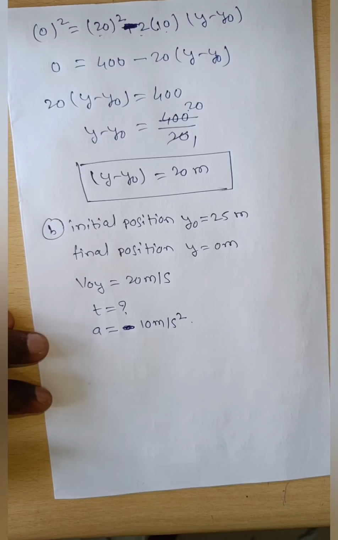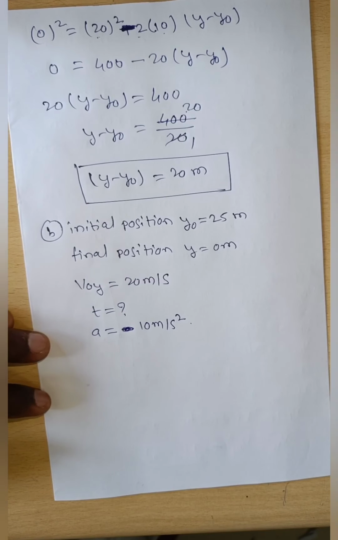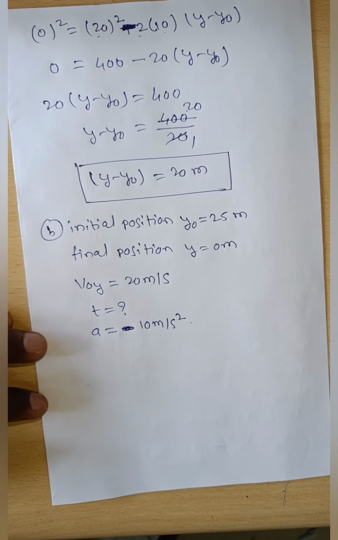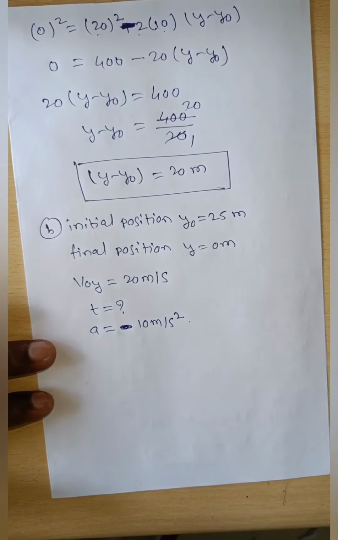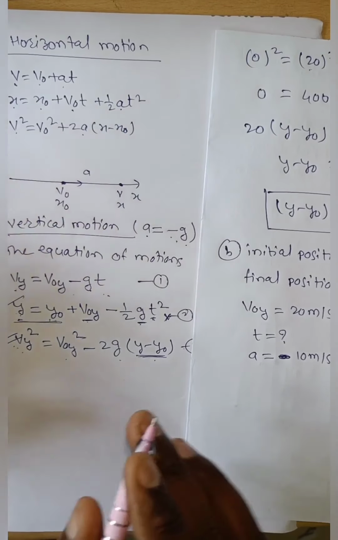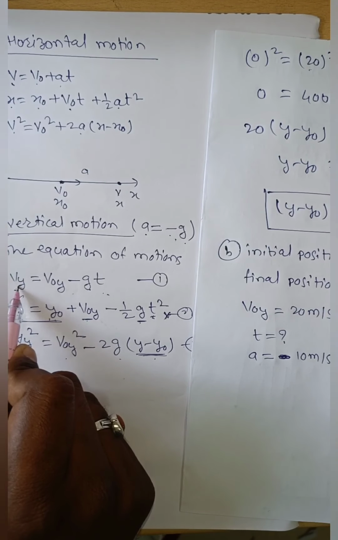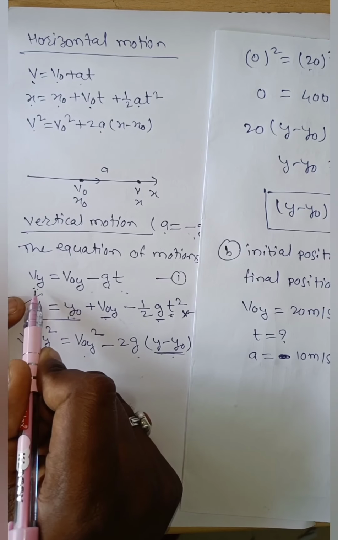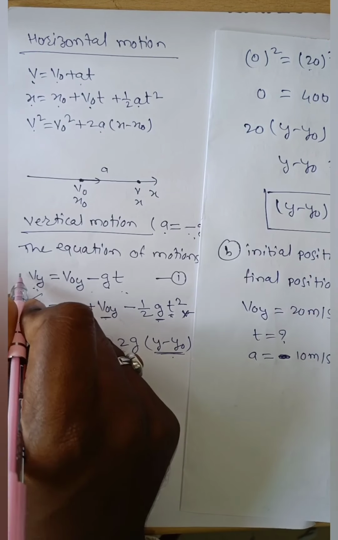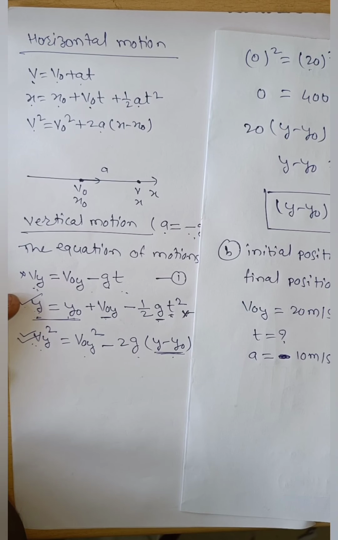Now which kinematic equation do we want to use? There are 4 kinematic equations, and we have to see which one is better. This first one has Vy, the final velocity. We don't know the final velocity, therefore we can't use this formula.